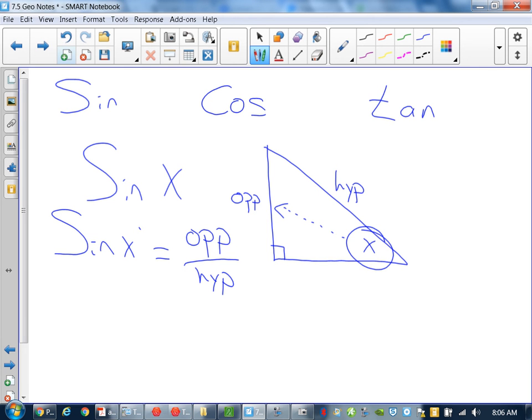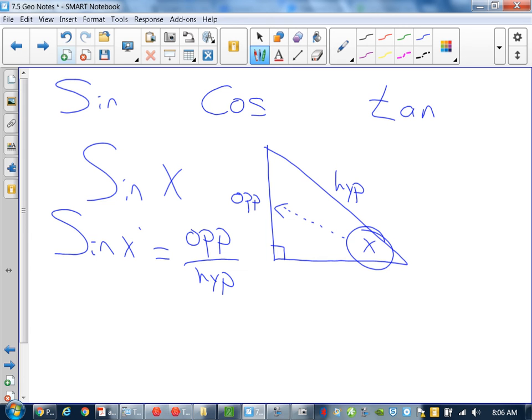Okay. So it looks weird right now. It looks really, really, really weird. Remember, it all backs down to opposite, hypotenuse, adjacent.